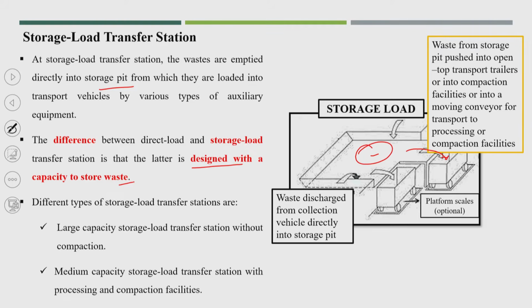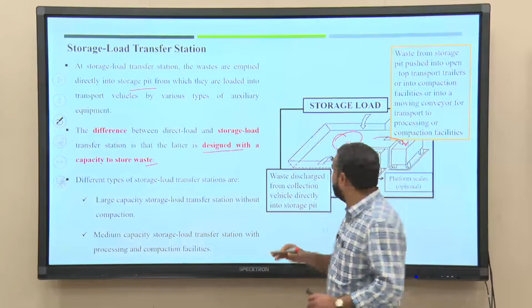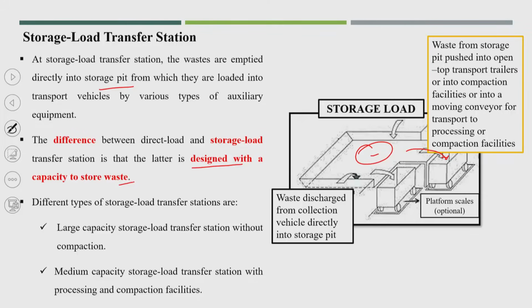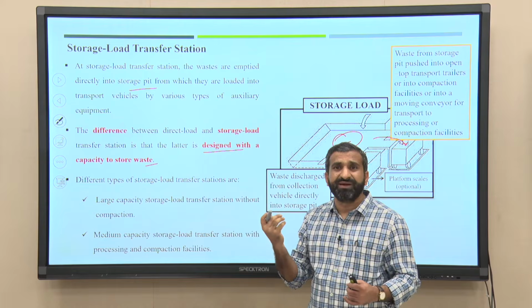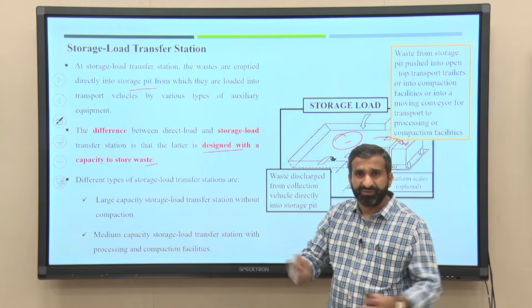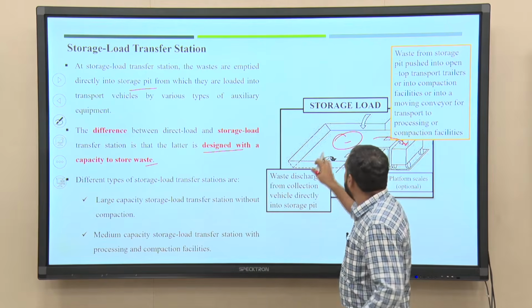So, here the benefit of the storage load is that initially waste is getting stored in the storage pit, and wherever you are planning for collection of recyclable matter, you can plan it, whether mechanically or manually.